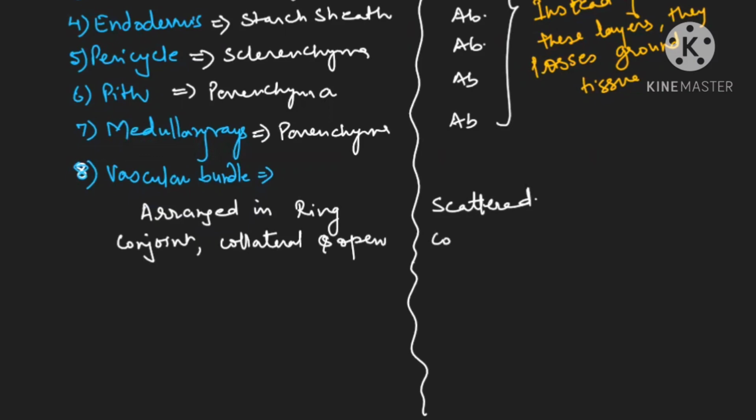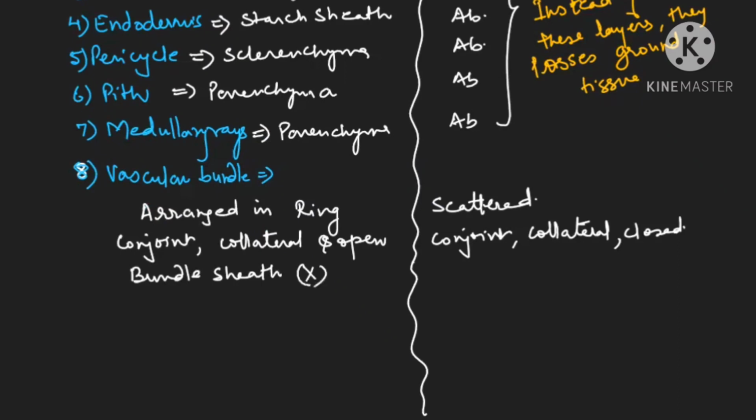And here conjoint, collateral, and closed. Here we will say the bundle sheath is absent. And here the bundle sheath is present.